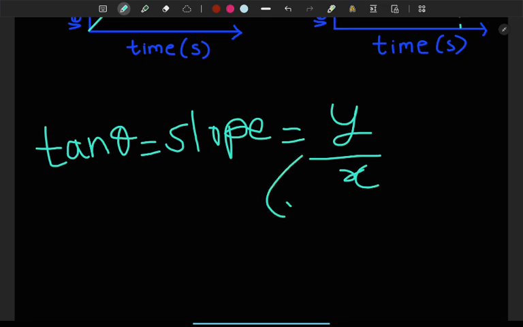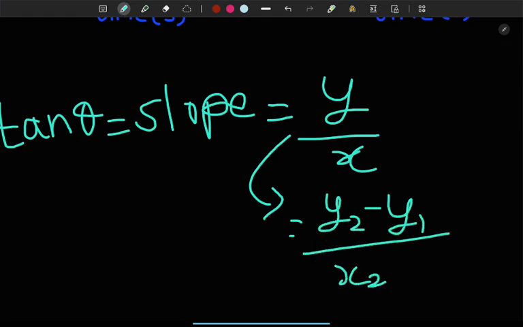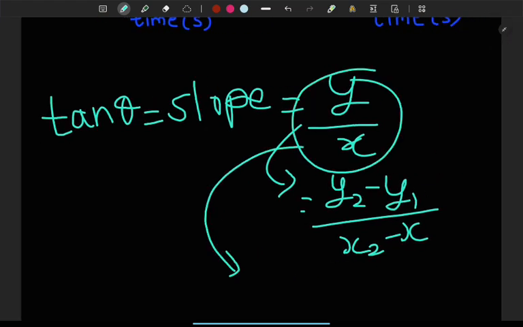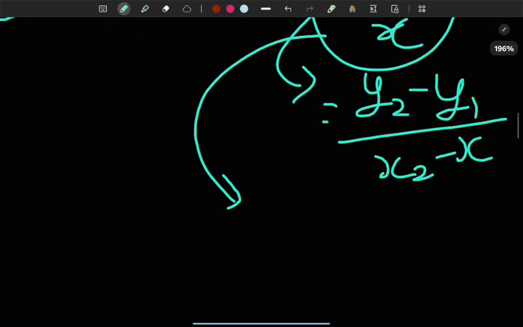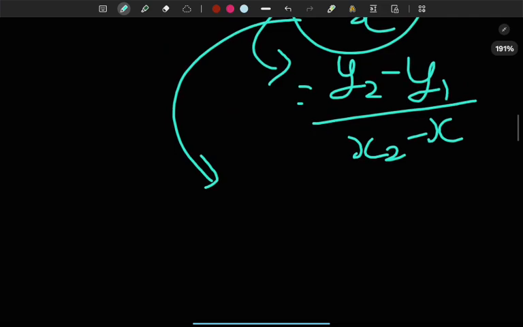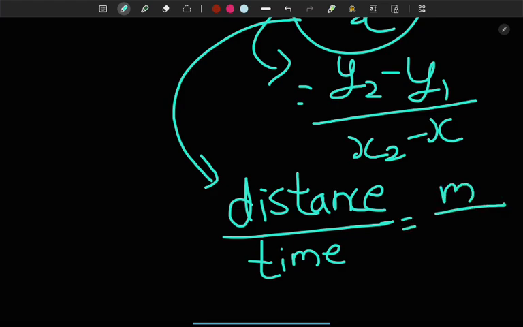In higher classes this becomes the formula y2 minus y1 upon x2 minus x1, but knowing this much is sufficient to study. So in the case of the distance time graph, the y coordinate is the distance and the x coordinate is the time. So if we write the unit, it becomes speed.